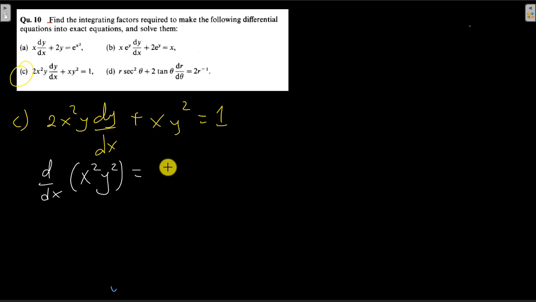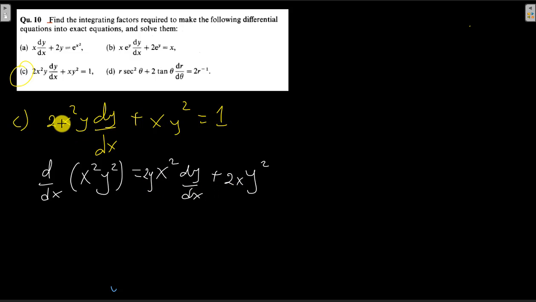So if I keep x squared constant, the derivative of y squared is 2y dy dx. Let's keep y squared as a constant. The derivative of x squared is actually 2x. How good is this?